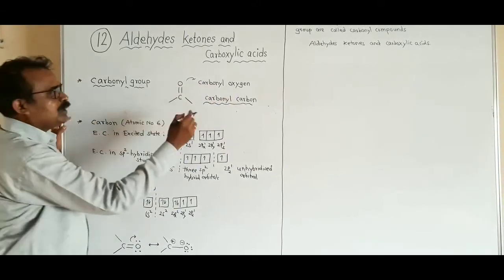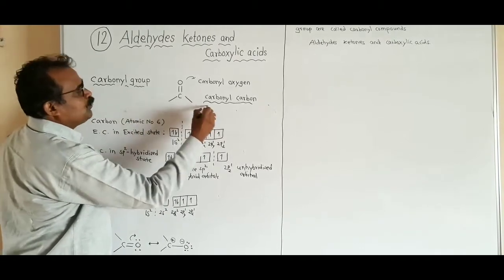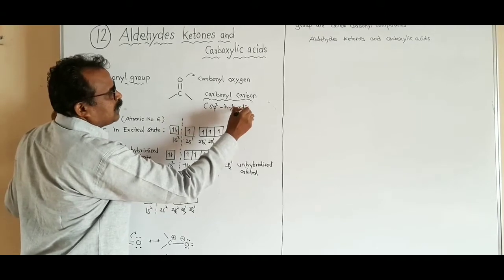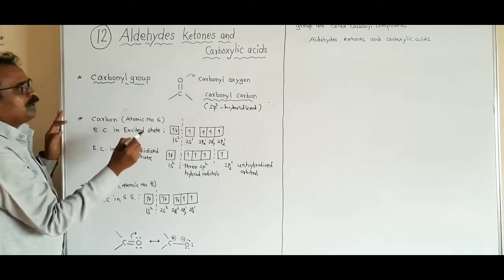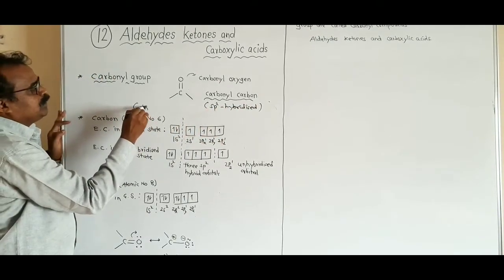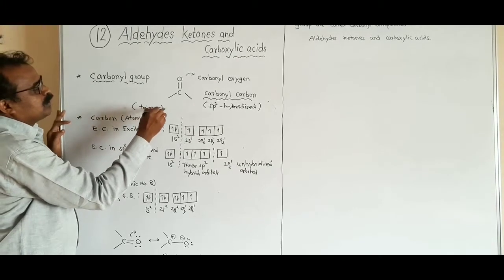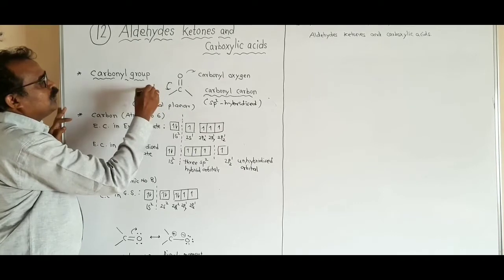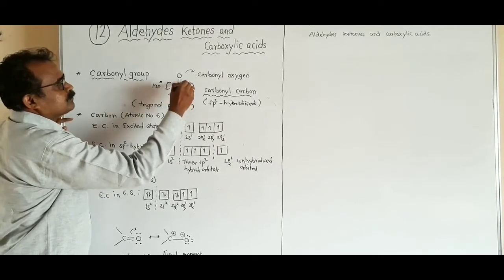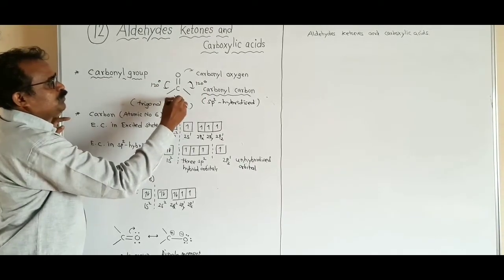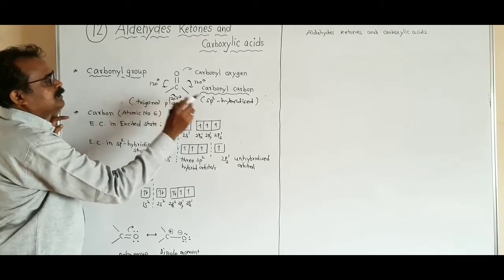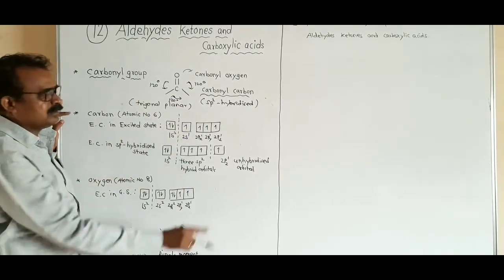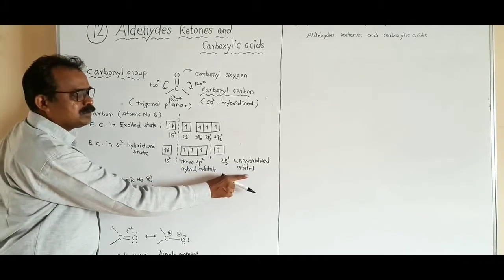The carbonyl carbon in the carbonyl group is sp2 hybridized, and therefore the geometry of the carbonyl group is trigonal planar with a bond angle of 120 degrees. This sp2 hybridized carbon has 3 sp2 hybrid orbitals and 1 unhybridized orbital.